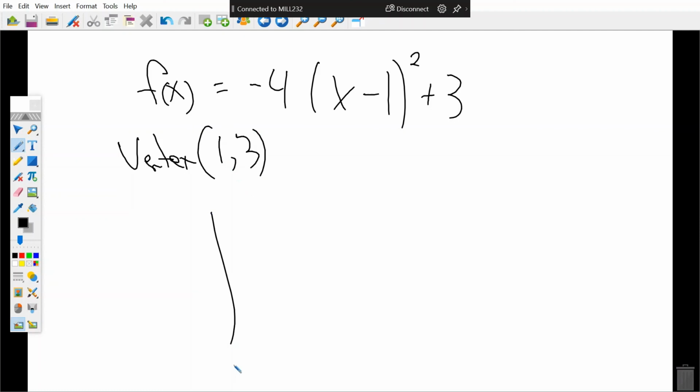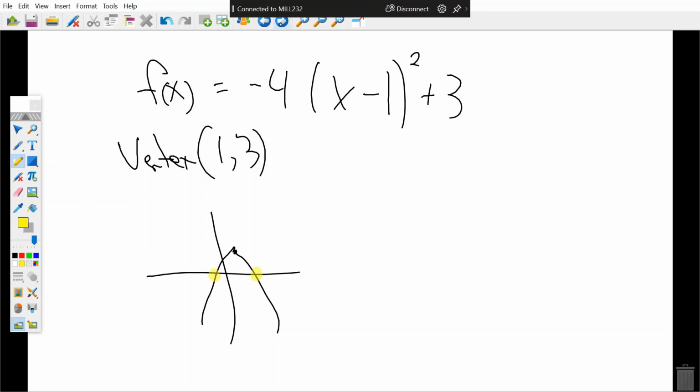And then I would probably just sketch a quick graph just so I didn't make any mistakes. Vertex is at 1 and 3. A is negative, so that means it's going to open down. And now I can tell how many x-intercepts it has, right? So that's the best way to do those types of questions.